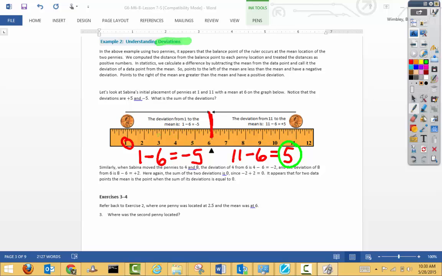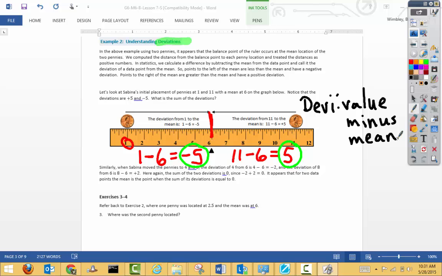My 1 is a negative 5. So this is what deviations mean. So I suggest you write this down because it will be on your test. Deviations, and I'm going to abbreviate it. Deviations are your value minus the mean.